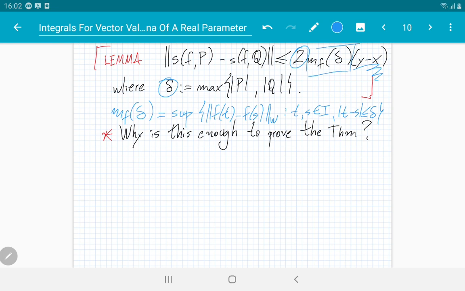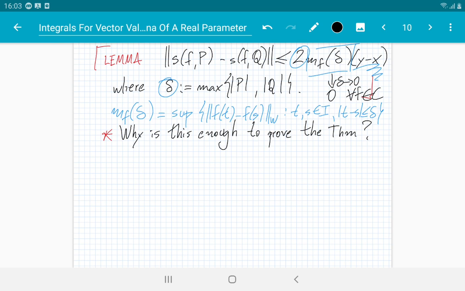Now remember, if f is continuous, the modulus of continuity goes to 0 when delta goes to 0. So if delta is small, meaning the two partitions have very small sizes, this difference between the Riemann sums of P and Q is going to be small as well.